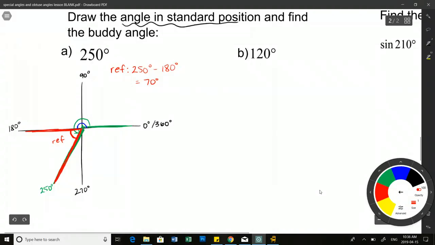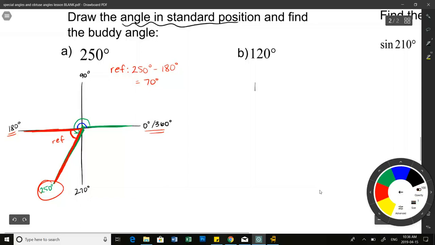So our reference angle is always between the terminal arm, which is this guy, and the closest either 360 or 180. This one's closer to 180, so it's going to be the slot right between the terminal arm and that 180 line. Okay? So guys, I don't want to ever see anyone using the verticals to find the reference angle. We're always using the horizontal lines to find that reference angle.